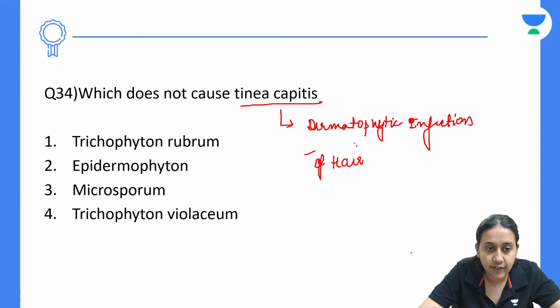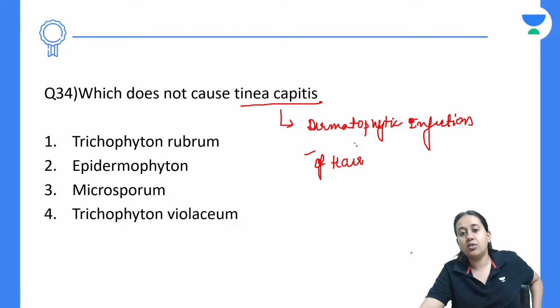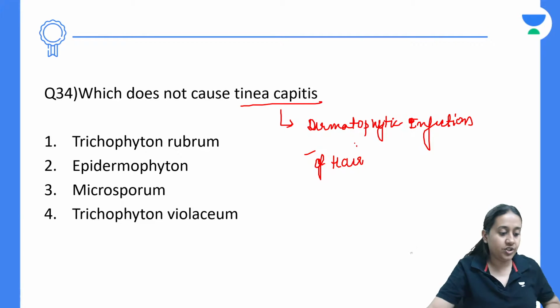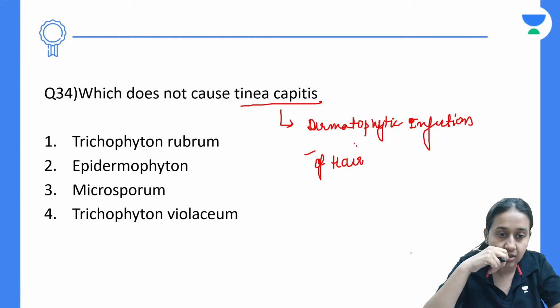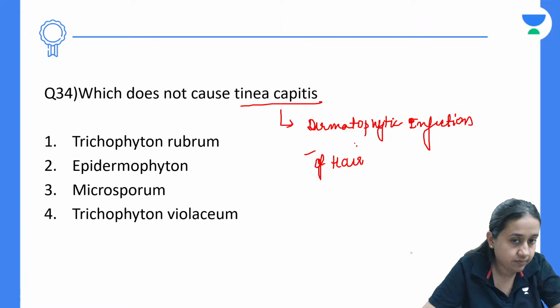Trichophyton rubrum, Epidermophyton, Microsporum or Trichophyton violaceum. Which does not cause tinea capitis?